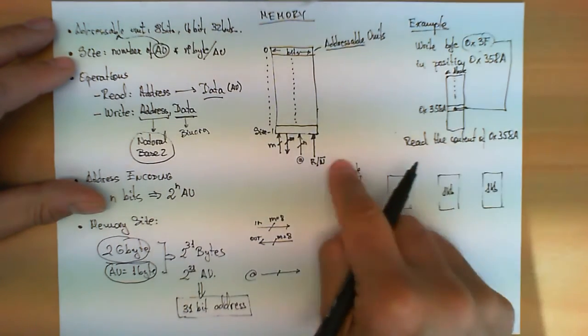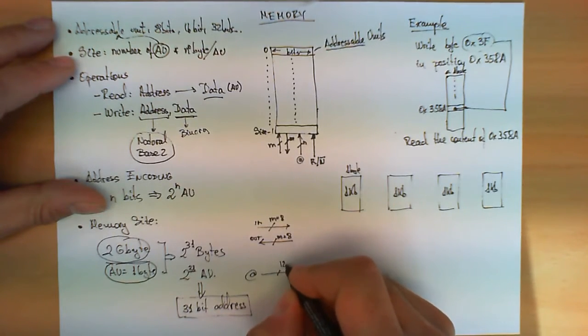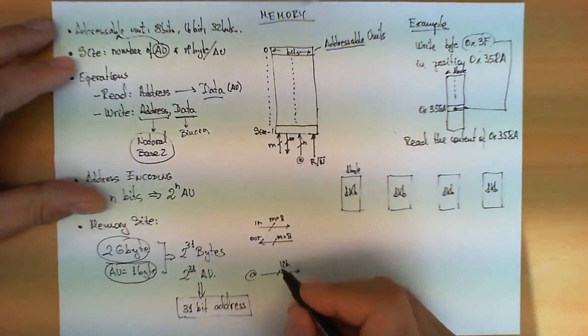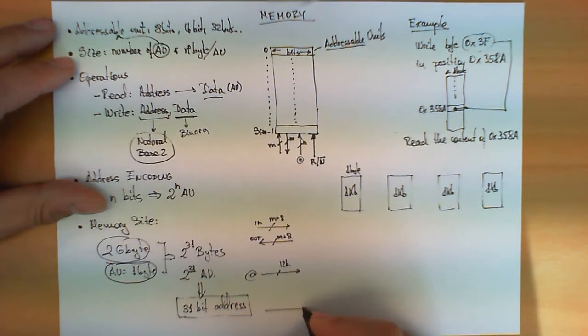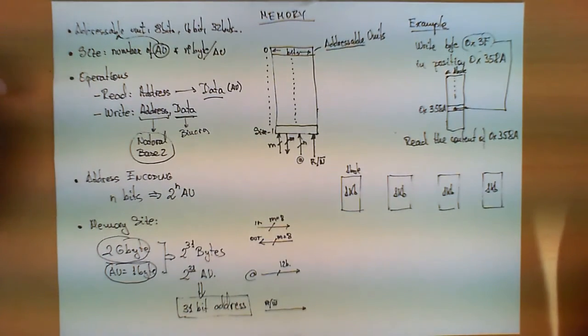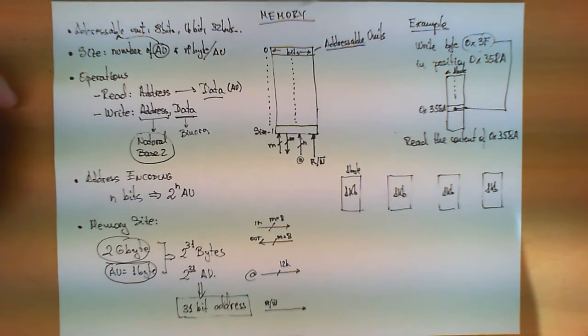Now in this case, since we have a 4 kilobyte memory, we'll have 12 bits encoding the address, and then finally we have the read write signal. So how do we connect these 4 chips here so that we can obtain a 4 kilobyte memory chip?